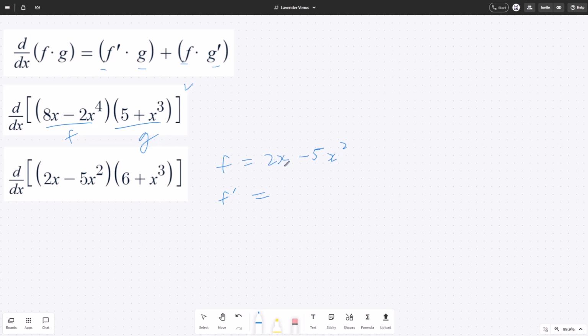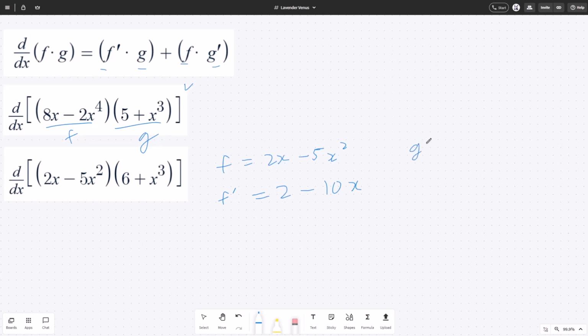For 2x, 1 multiplied by 2 is 2, and x to the power of 1 minus 1 becomes x to the power of 0, which equals 1, so 2 times 1 equals 2. And we have negative 5x squared, so we multiply the power 2 by the constant, which gives minus 10, and 2 minus 1 leaves x. So that is f prime.